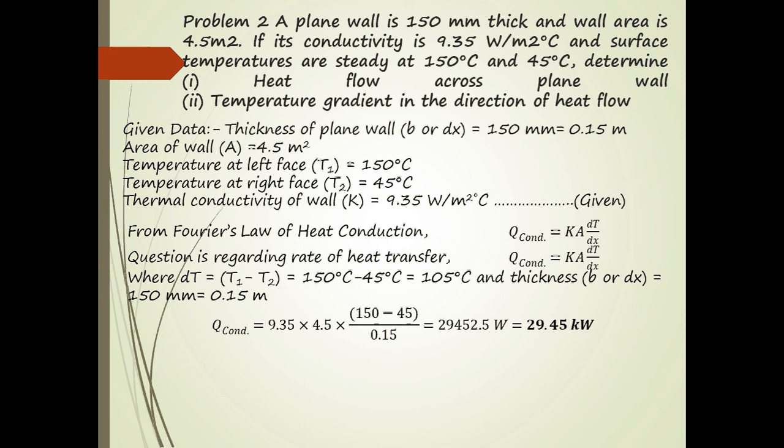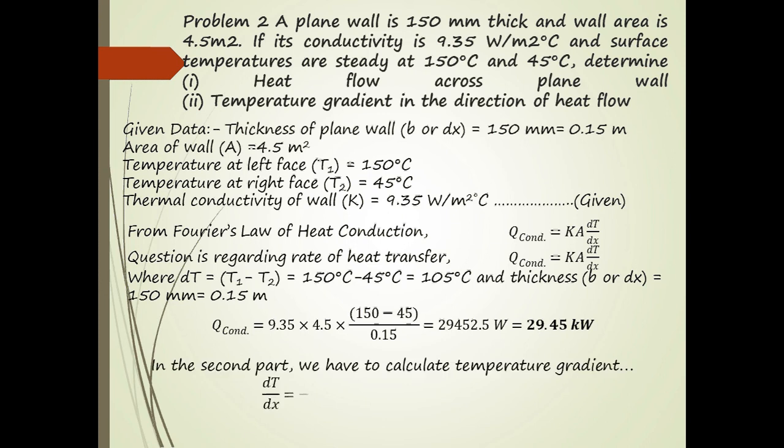In the second question, the temperature gradient in the direction of heat flow is asked. Temperature gradient means dT upon dx, as we have already studied, right? So just rewriting the equation as dT upon dx is equal to minus Q conduction upon KA, substitute Q conduction as 29,452.5 divided by the value of K, 9.35, and the value of A, 4.5.